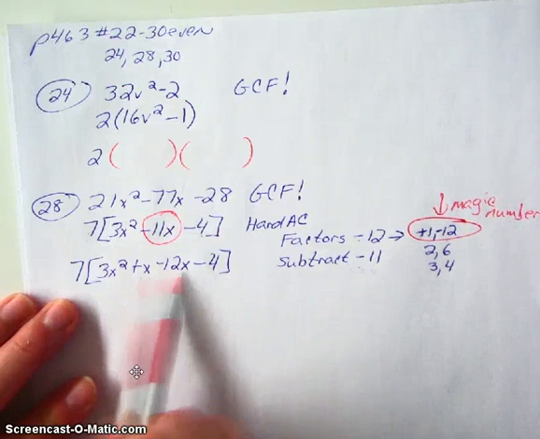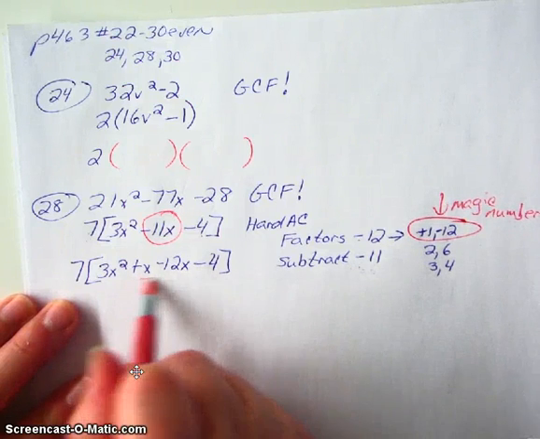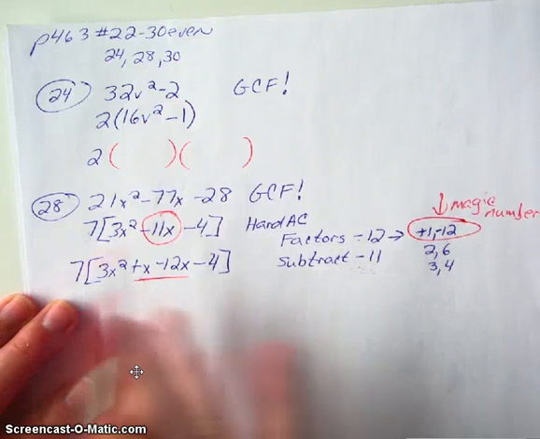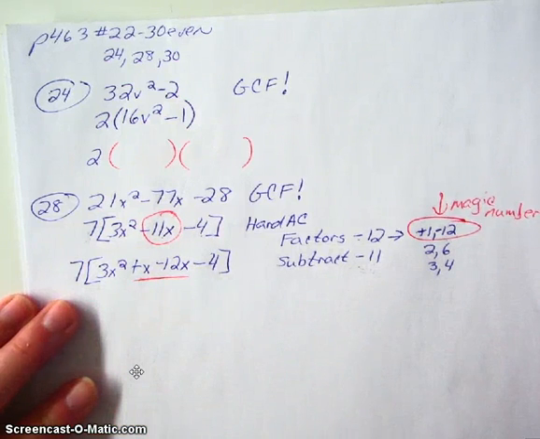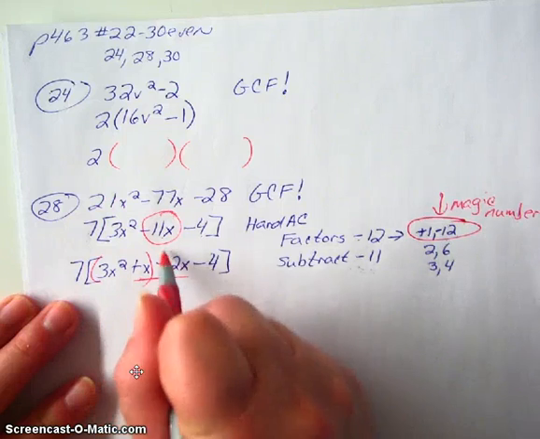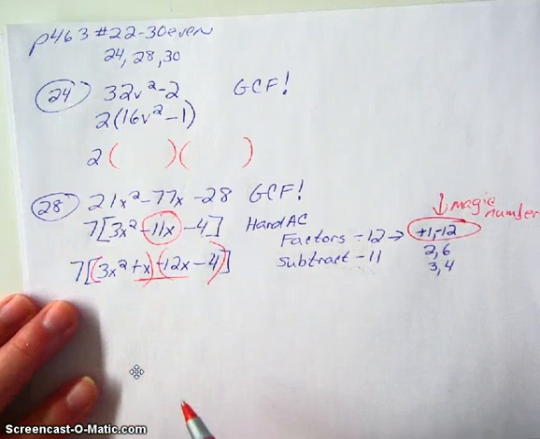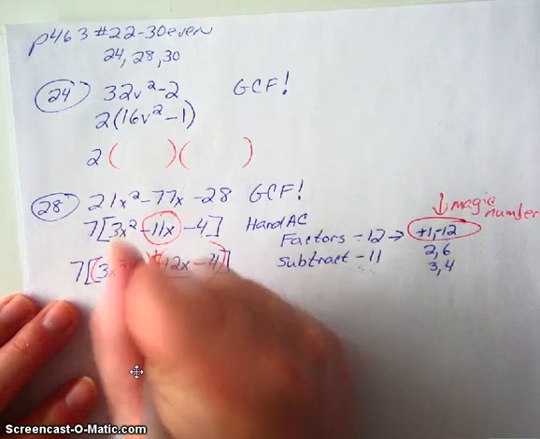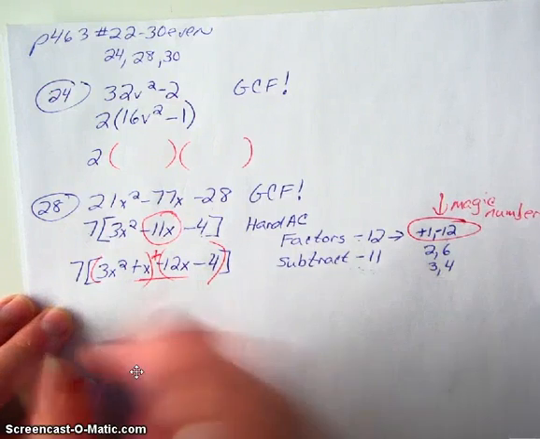So those two terms replace my negative 11x, okay? And now we're going to factor by grouping what's inside the parentheses. Okay? Bring down that 7.